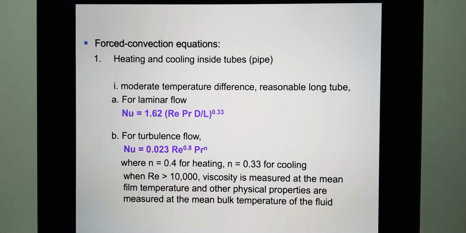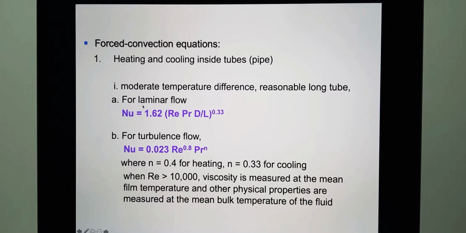Alright, so this is the slide that I'm talking about for forced convection equations that refer to the problem statement that we are working on right now. This equation is meant for heating and cooling inside tubes, for the pipe, and it refers to the temperature difference for the cooling or heating process, in a reasonably long tube.